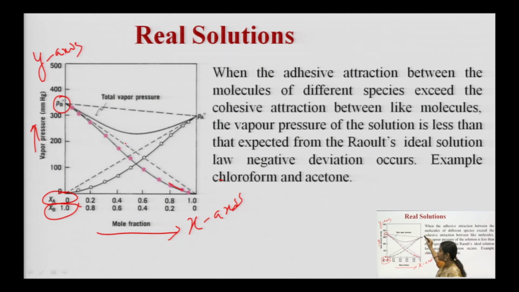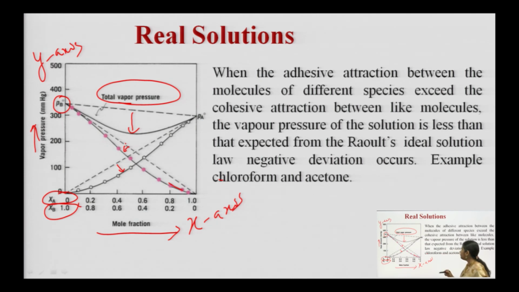Similarly, this is PA, and there is also a lowering of vapor pressure along this solid line. Hence, as the vapor pressure of both has decreased, obviously the total vapor pressure, which is the summation of the partial pressures of A and B, has also decreased.